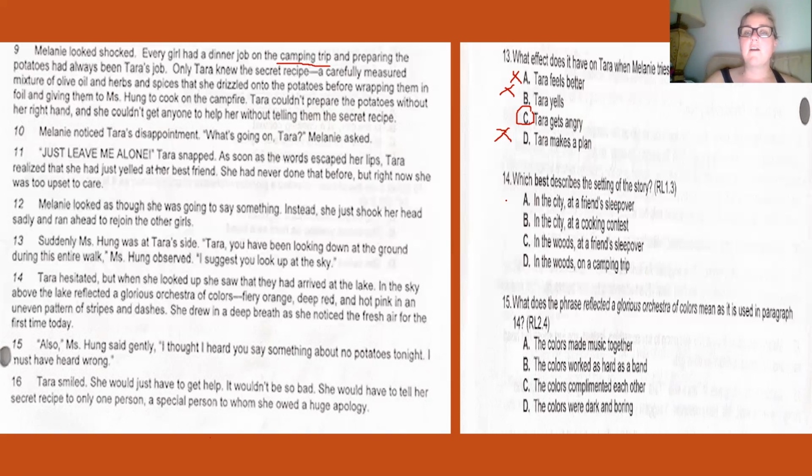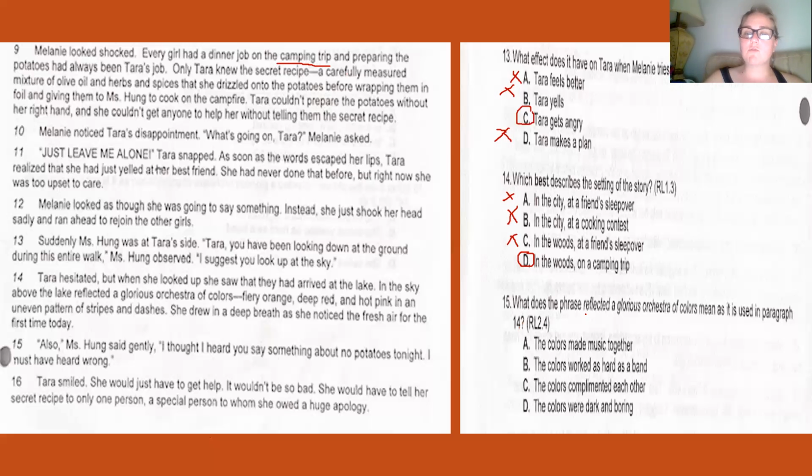It could be that they are in the woods at a friend's sleepover, but it specifically says a camping trip in paragraph 9. So we know they're definitely not in the city because they're making potatoes on a campfire. In the woods at a friend's sleepover, no, because we found right here where it says camping trip, and then D, in the woods on a camping trip is the answer.